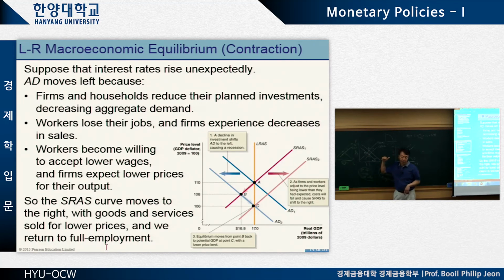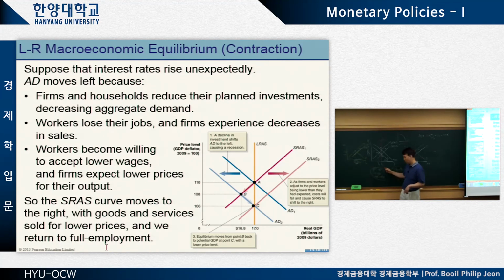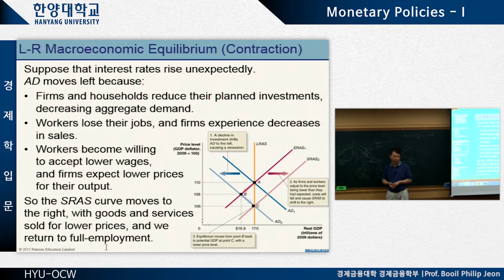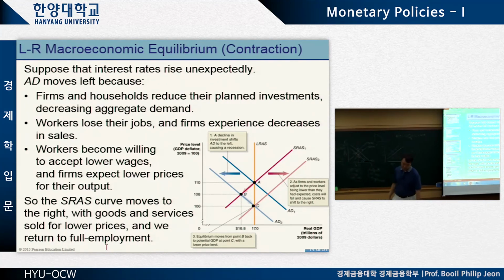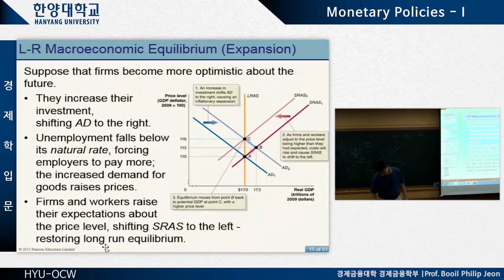So they would adjust their behavior, and eventually the economy will come back to the initial potential level of output, assuming flexible adjustment in prices and wages. Assuming the prices and wages adjust freely and perfectly, we're going to have that kind of adjustment. Here's another example. Here we're talking about the opposite case.